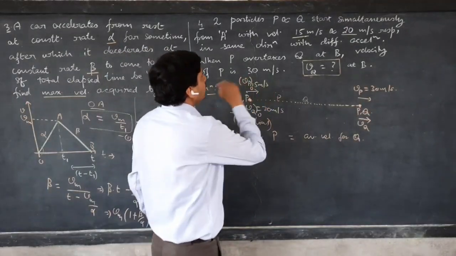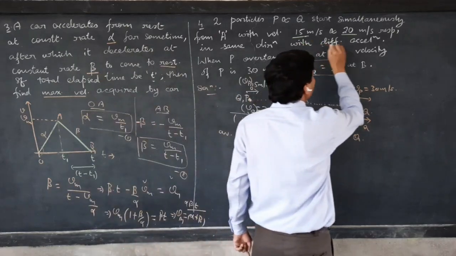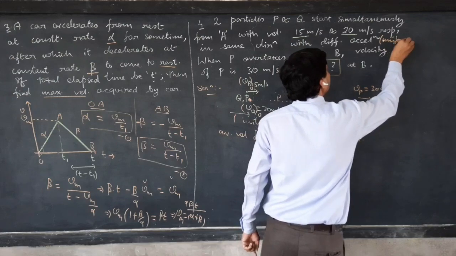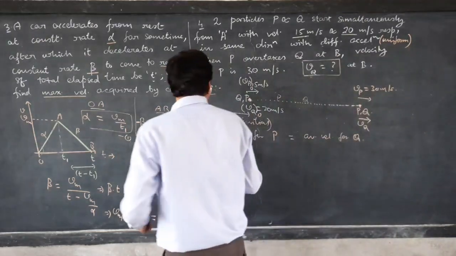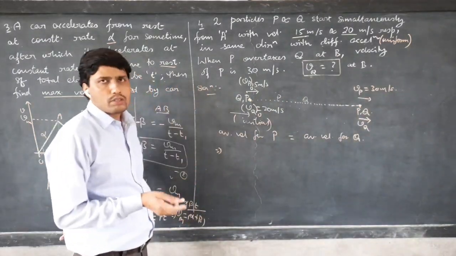Now it is given, I missed this: they are moving with different accelerations, but these accelerations are uniform. Both of them have different accelerations, but they move with a constant value of acceleration. Now for uniformly accelerated motion, you know average velocity is given as initial velocity plus final velocity by 2.